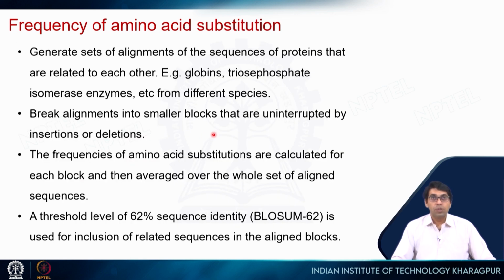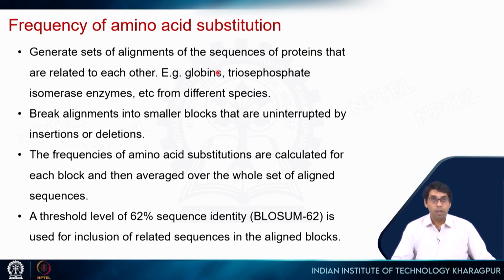Okay. So, the frequency of amino acid substitution is something that is given by this type of block substitution matrix. Now, how do you determine these numbers? To do that, a set of alignments of sequences of proteins that are related to each other is used, right? Like we saw the example of hemoglobin, myoglobin and all these other proteins.